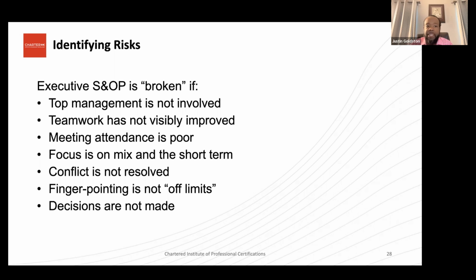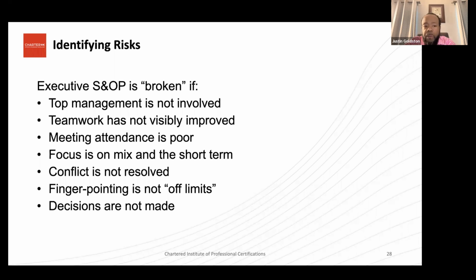If the meeting attendance is poor, that would be a quick indicator that there is no adoption into this process. So if that meeting attendance is poor, we need to pivot and go back with our executives to see how we can increase that meeting attendance. If we don't get that meeting attendance, maybe we should rethink the implementation of an S&OP process, because if we don't have meeting attendance, we're not going to have adoption once this thing gets rolled out.